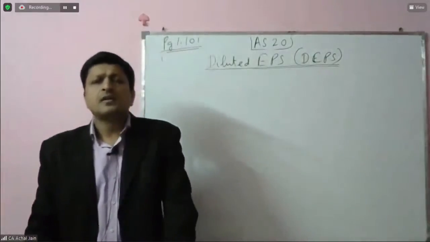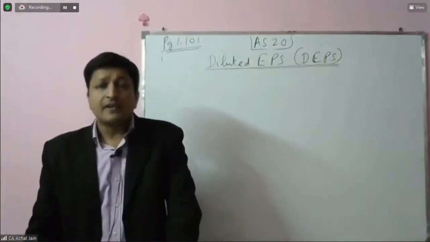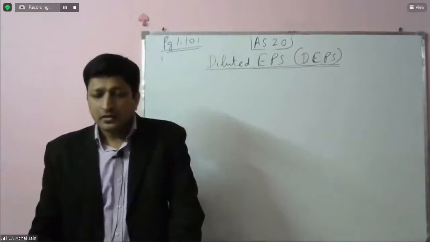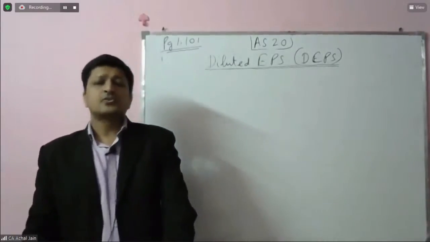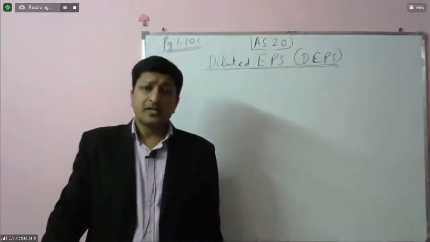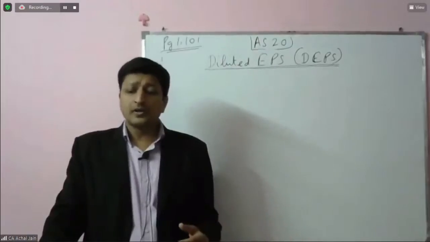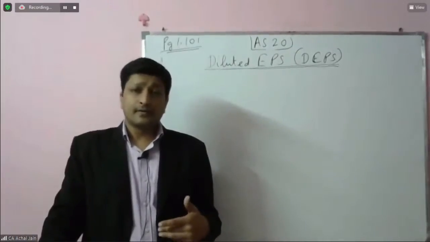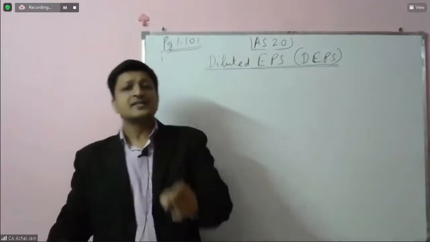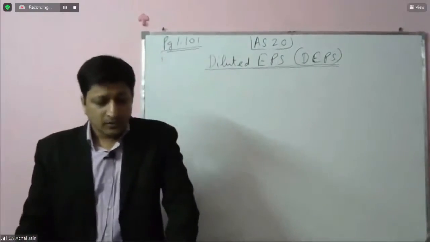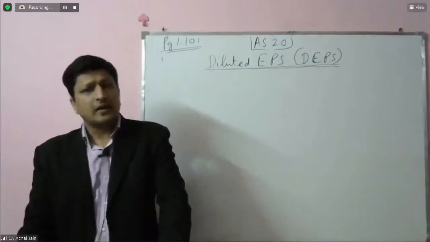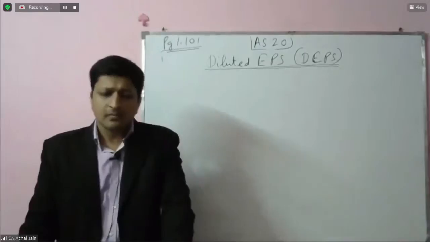For this, I will take you to the rationale, the understanding as to why this is required to be computed. It's not only about how this is computed or how it is different. We will also understand why. The moment we understand why, automatically all the concepts around diluted earning per share will become clear to us.